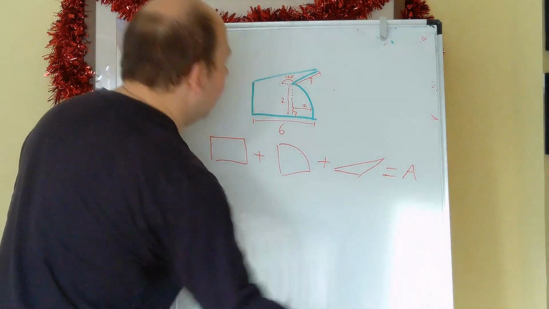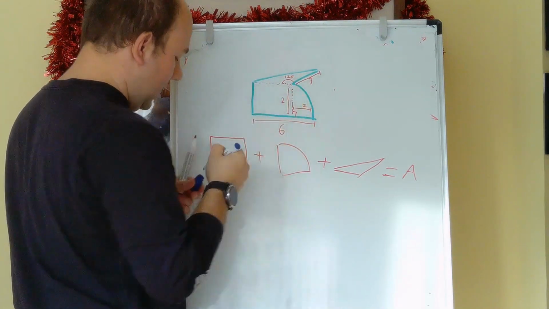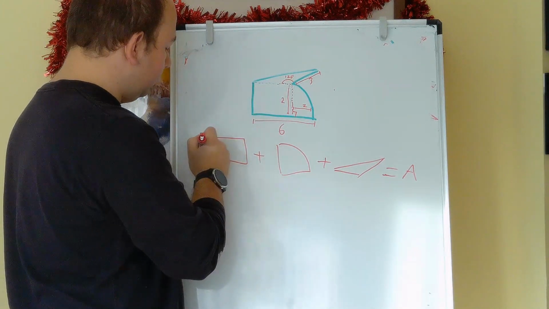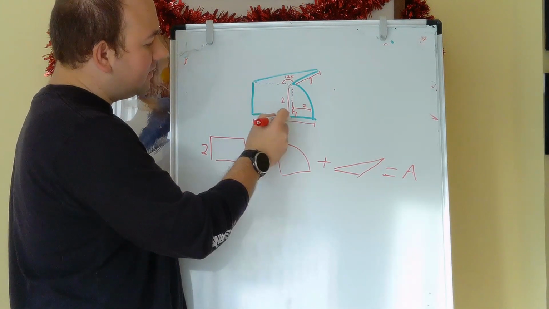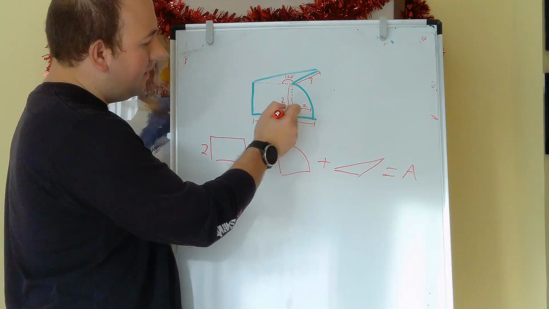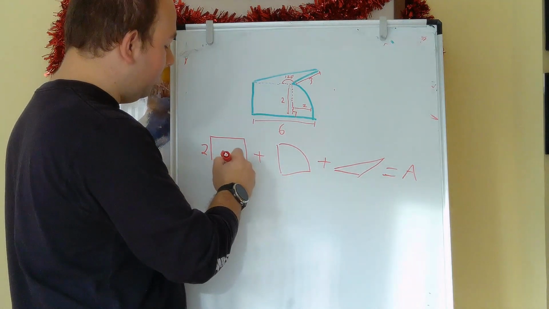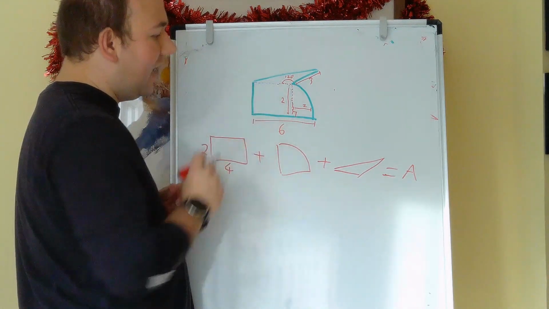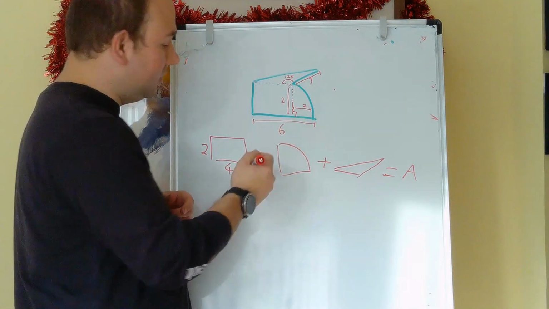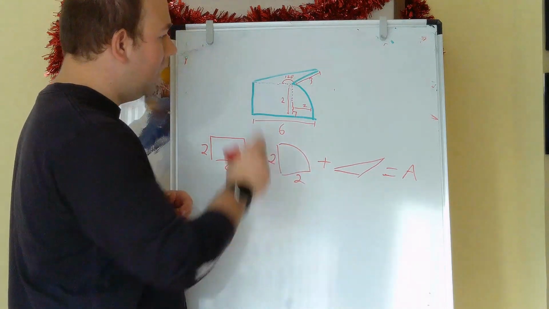So as I look through this, you can see that this rectangle, which I'll put in on a dotted line in blue, has a height of 2 and the length of it is going to be the 6 minus this bit of the circle, which is going to take it to 4. If I look at this semicircle, or quarter of a circle, it's got 2 and 2.